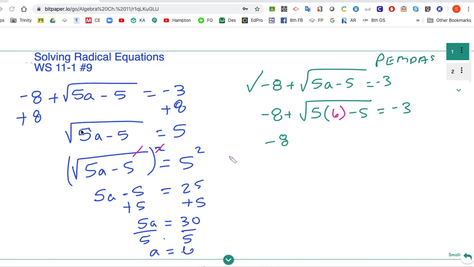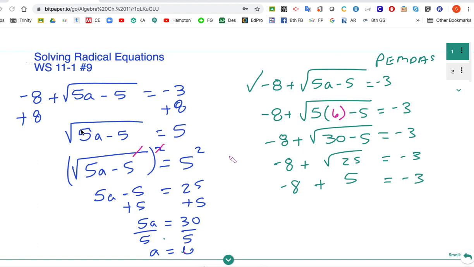Negative 8 plus the square root of 30 minus 5 is equal to negative 3. Negative 8 plus the square root of 25 is equal to negative 3. Negative 8 plus 5 is equal to negative 3.